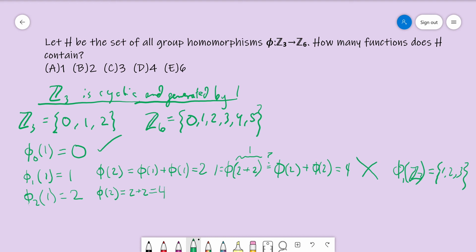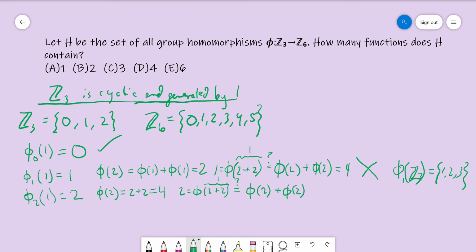Now, let's look at phi of 2 plus 2, let's do the same thing that we did before. 2 plus 2, we know in Z3 that's 1. So phi of 1 has to be 2. But if this were a homomorphism, we're going to put a question mark here, that should be equal to phi of 2 plus phi of 2.